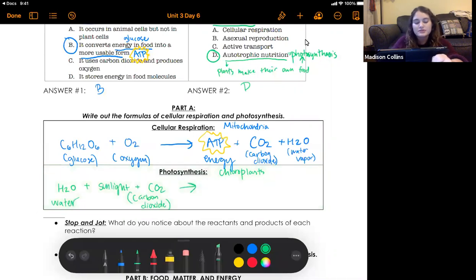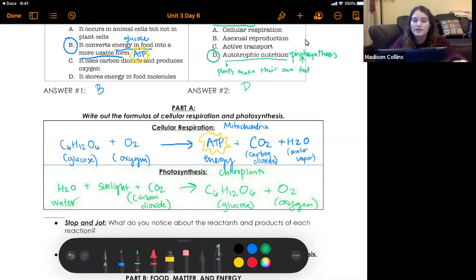And it uses those three things to produce glucose and oxygen.